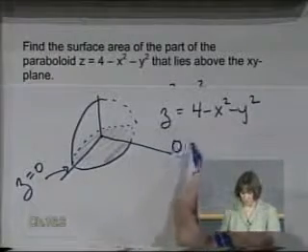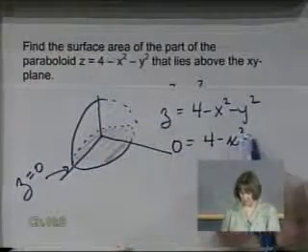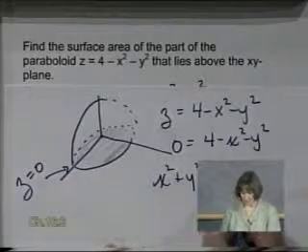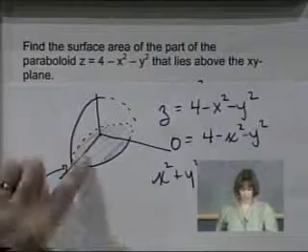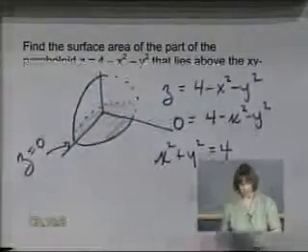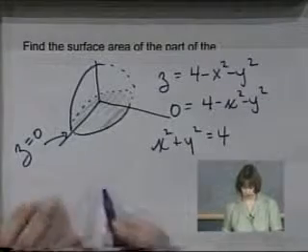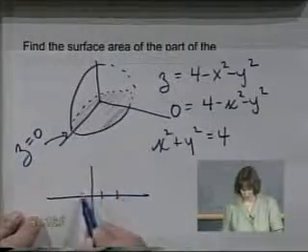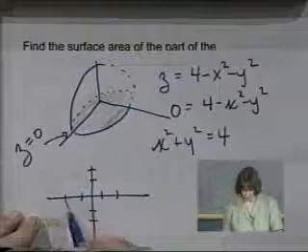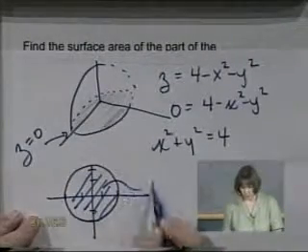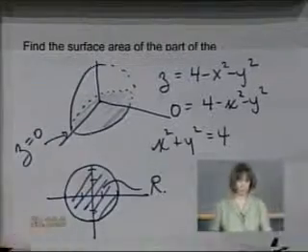If I put a 0 in for z, I get x squared plus y squared is 4. So that region in the xy plane is a circle of radius 2. That's our region R that we're integrating over.